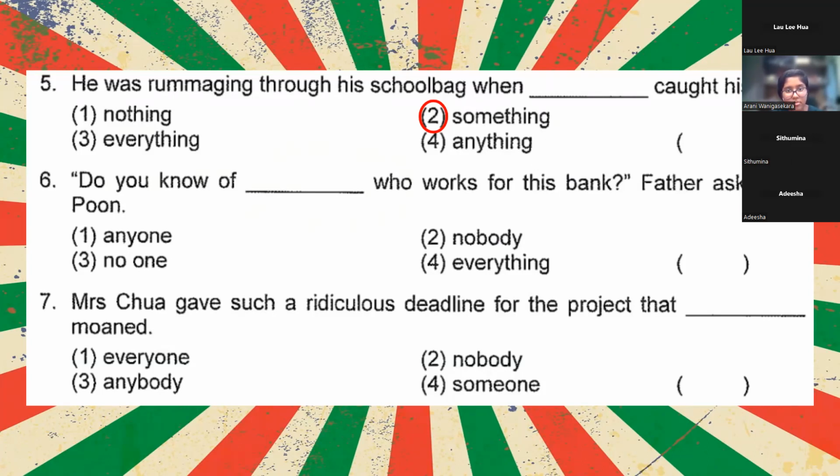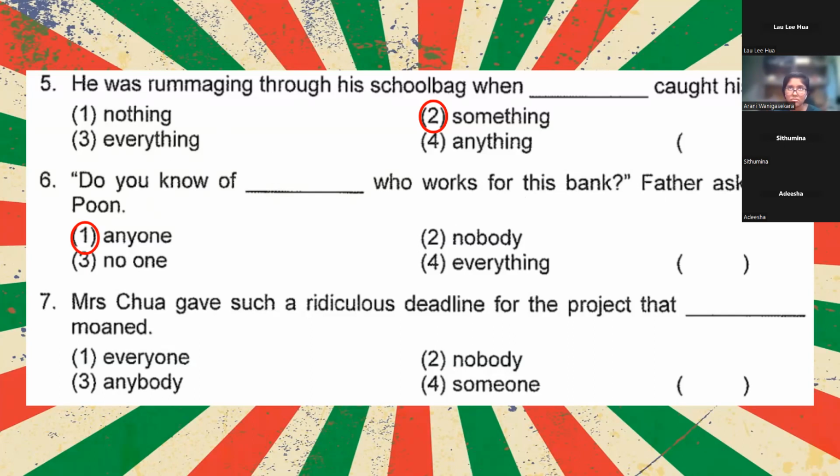Anyone? Okay. No. Okay, so the answer is anyone because you can't say nobody, right? So you're asking your father, sorry, do you know of anyone who works for this bank? Father asked Mr. Poon. So the father is asking Mr. Poon whether he knows anyone who's working at the bank, right? So you can't say nobody.